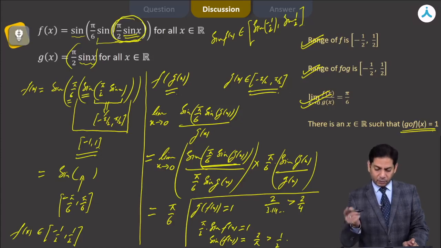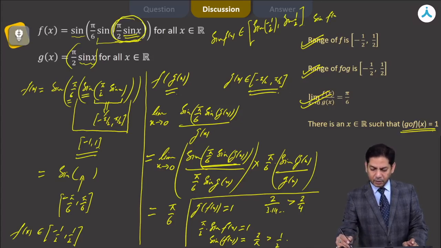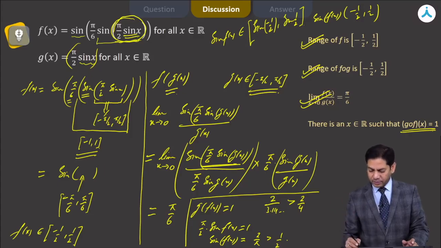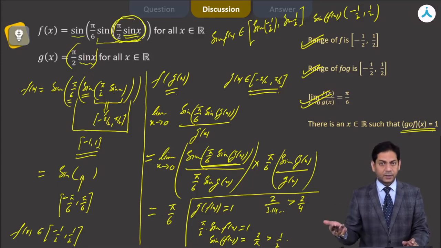And we know that sine x is less than x. So we can say that sine f of x will definitely belong to minus 1 by 2 to plus 1 by 2 only, as sine 1 by 2 will be less than 1 by 2. So definitely sine f of x can be equal to something which is less than 1 by 2. Definitely it is not going to be equal to something which is greater than 1 by 2.